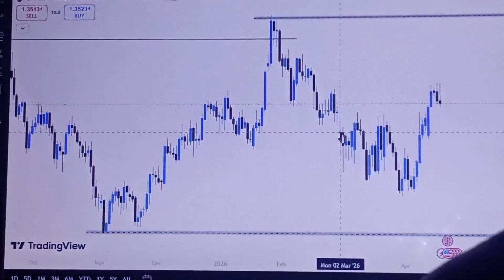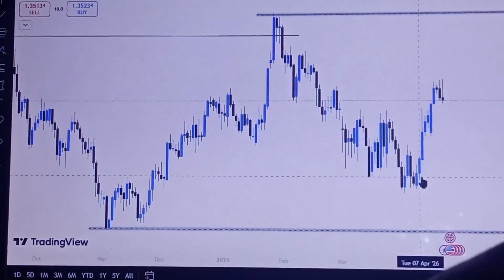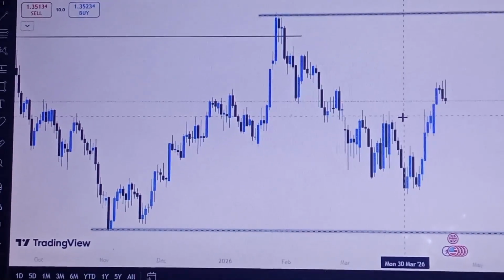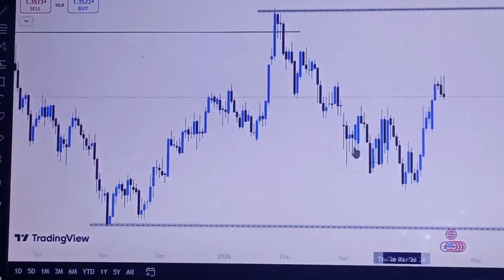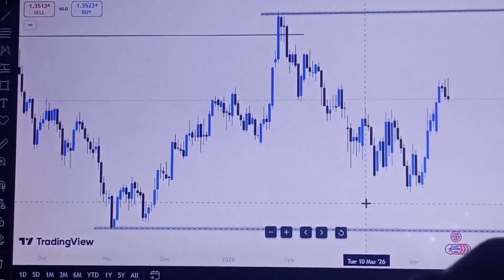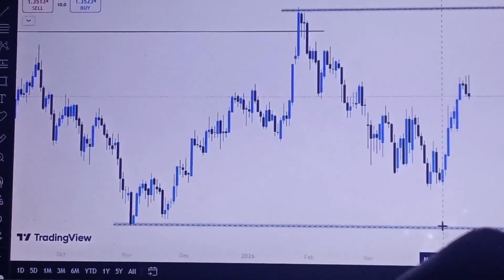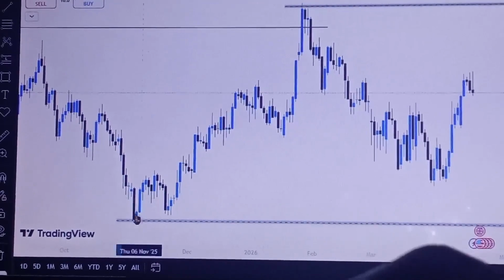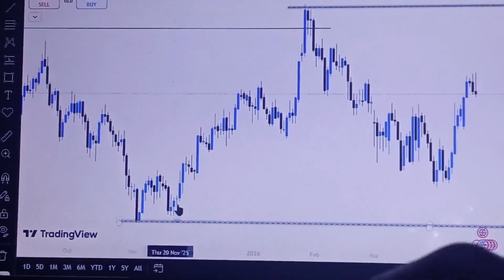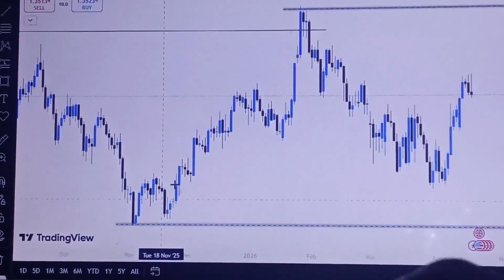You can see that break of structure nice and clean over there, and it was from here the market shifted structure. If you look at this part, price actually retraced to at least more than the 50% level of this move. This is the move that caused the last break of structure.